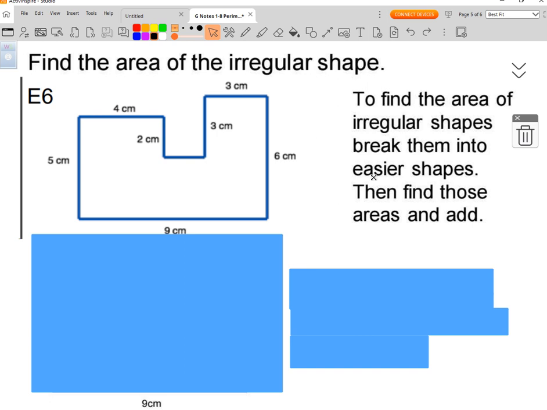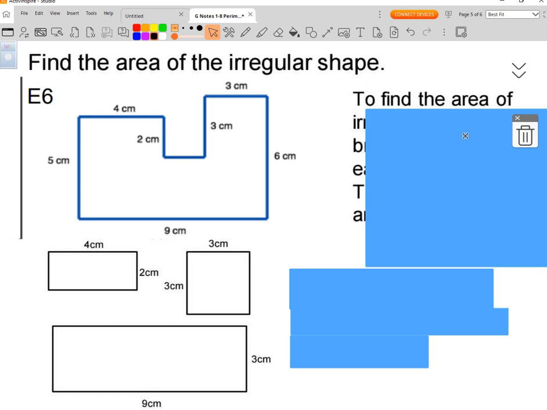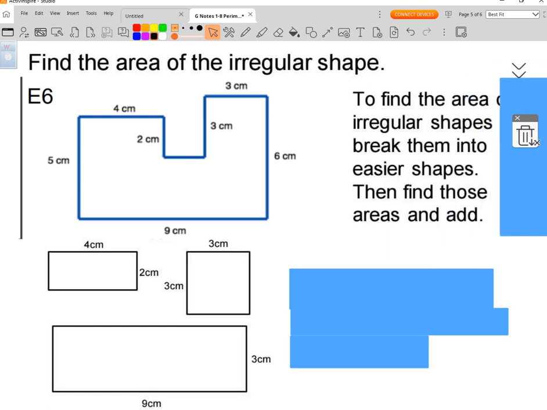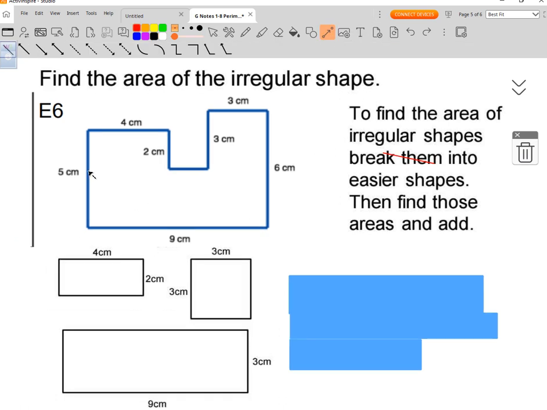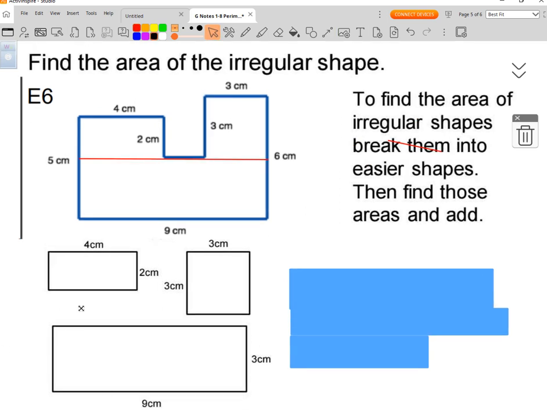All right, so like I said, there's not one correct way to break them into easier shapes. This is the way we're going to do it. Now, you don't have to pull them all out like that, but what they did was, our last thing we did here is they drew a line here, and you'll see this side of this rectangle is 9 centimeters.